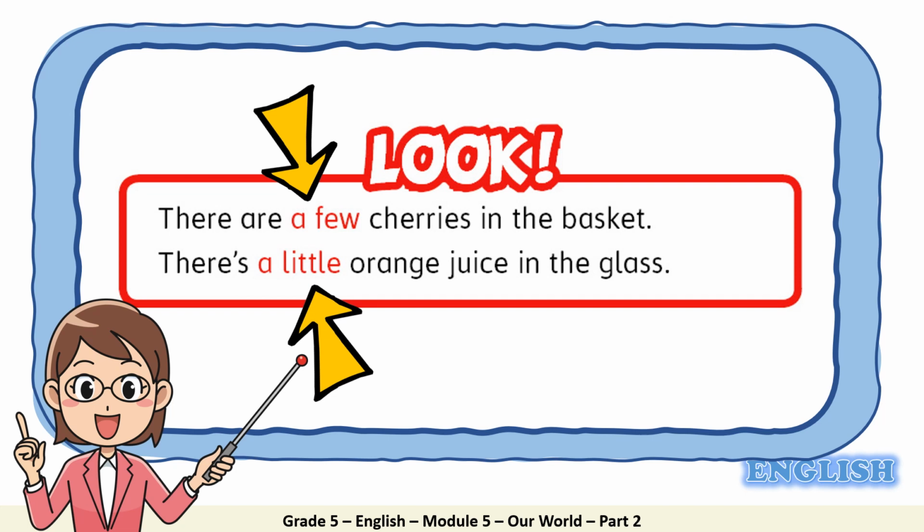There are a few cherries in the basket. There is a little orange juice in the glass. So, by reading these two sentences, can you tell when do we use a few and when do we use a little? Well, let's find out together.